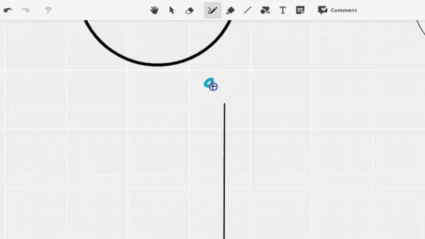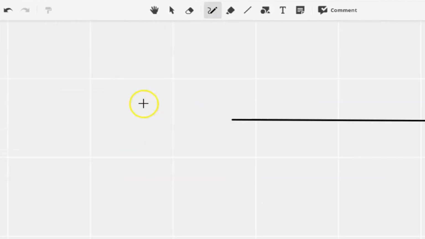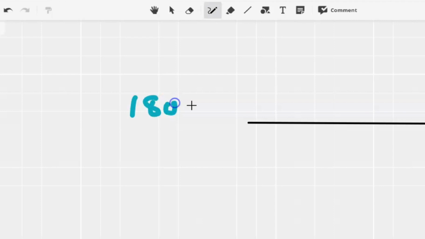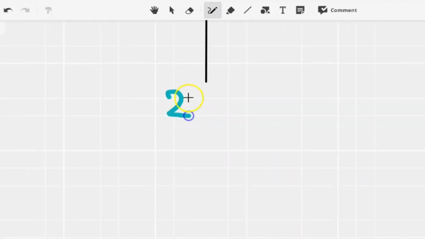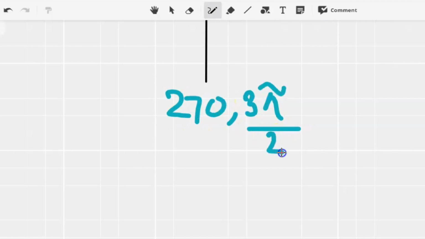This one is 90 or pi over 2. This one is 180 or pi. This one is 270 or 3 pi over 2.